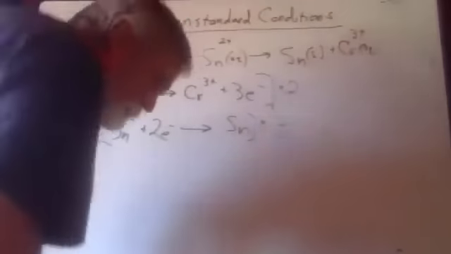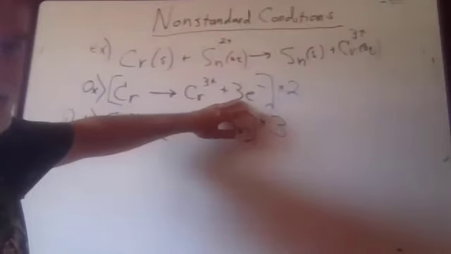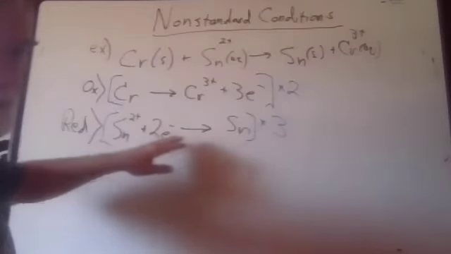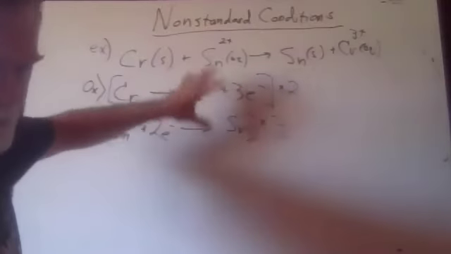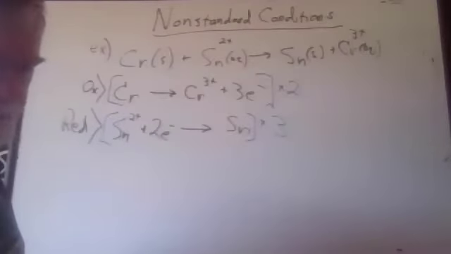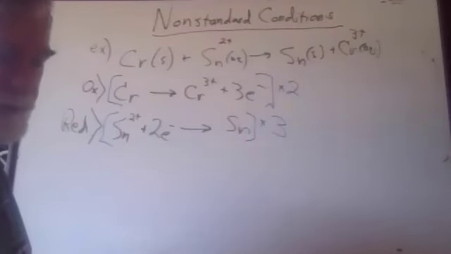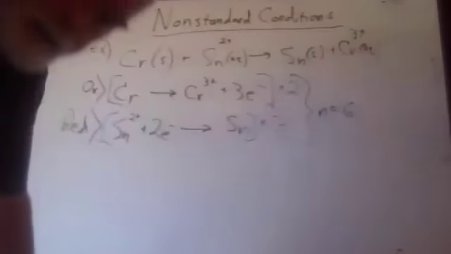So when you do that, on this first equation, you're going to have 6 electrons on the right, and the second equation, the 3 times the 2, is going to give you 6 electrons on the left. So 6 electrons will end up being transferred in the balanced chemical equation, which means that n equals 6. The n in that Nernst equation equals 6.